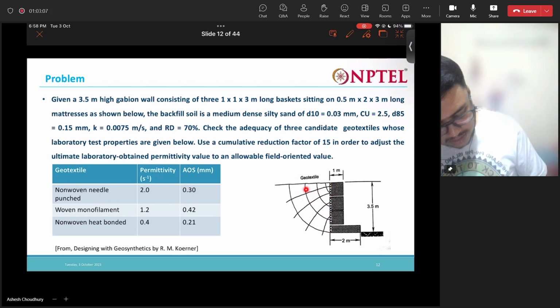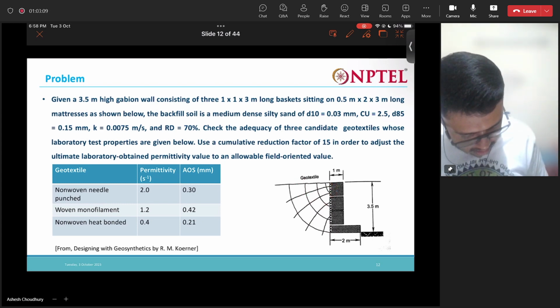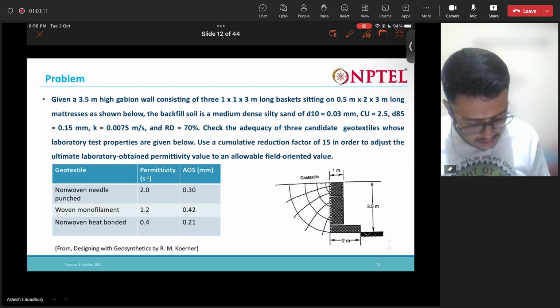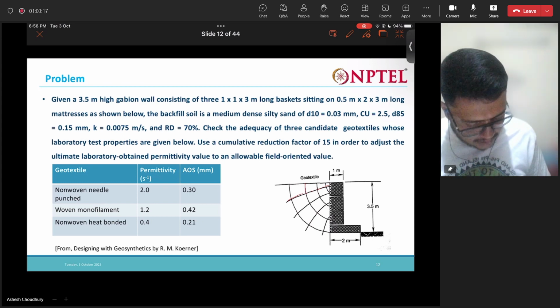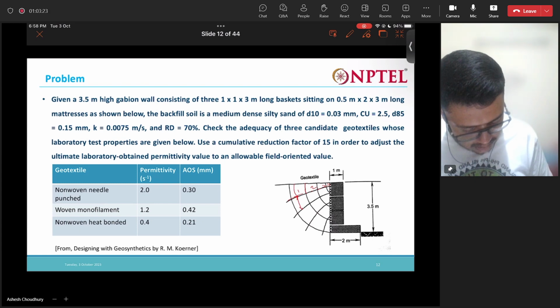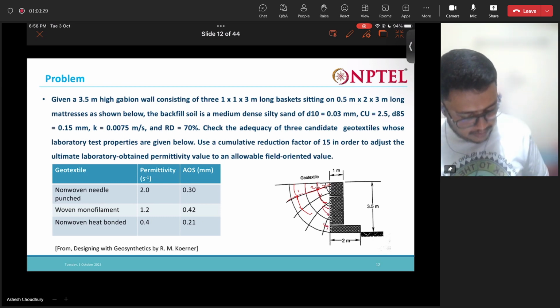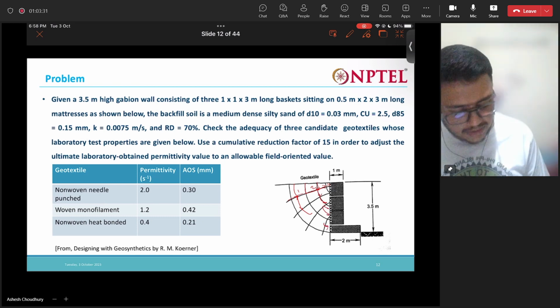These are the equipotential lines, and these are my flow lines. So 4 flow channels, and here to here 1 drop, 2 drop, 3 drop, 4 drop, 5 drop. Total 5 drops.